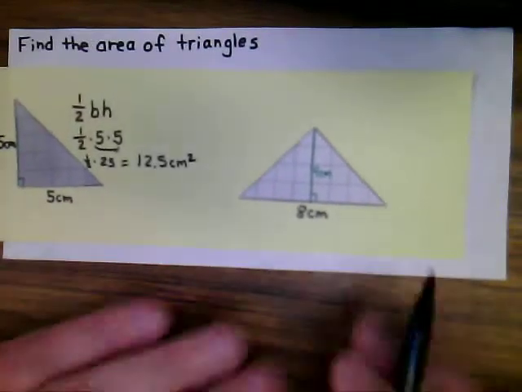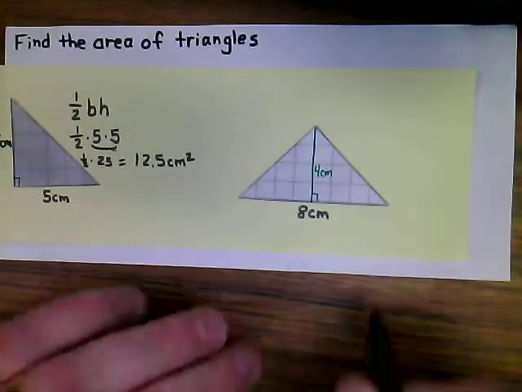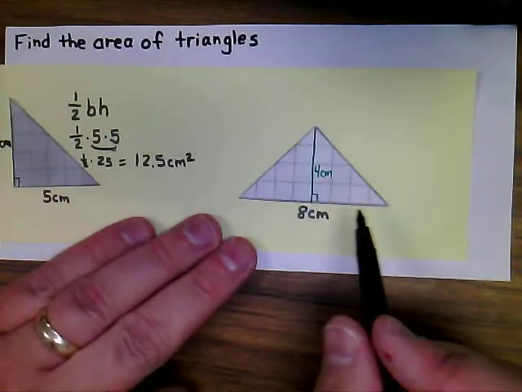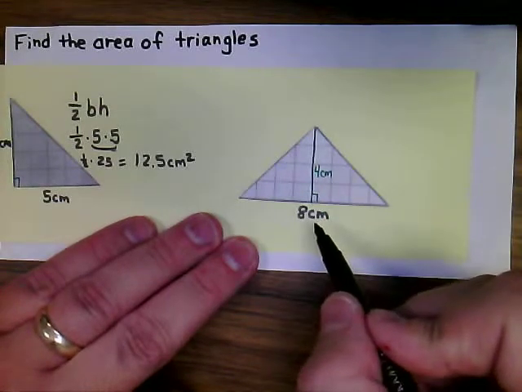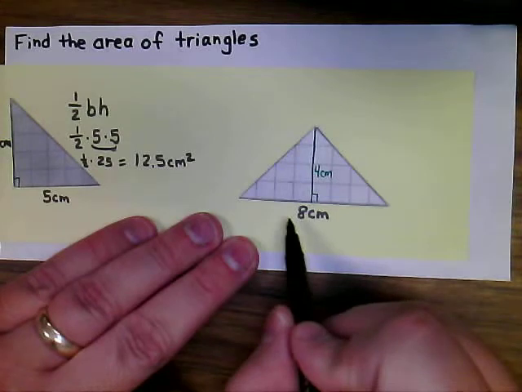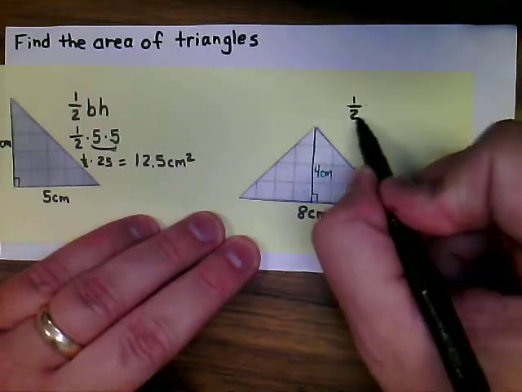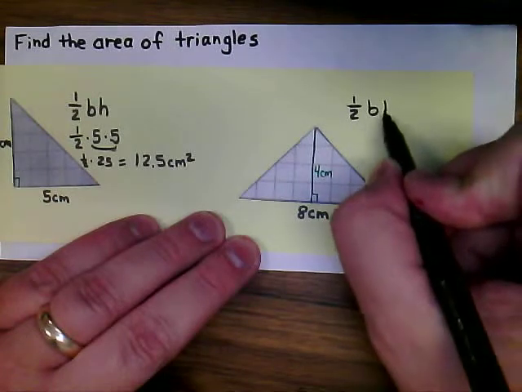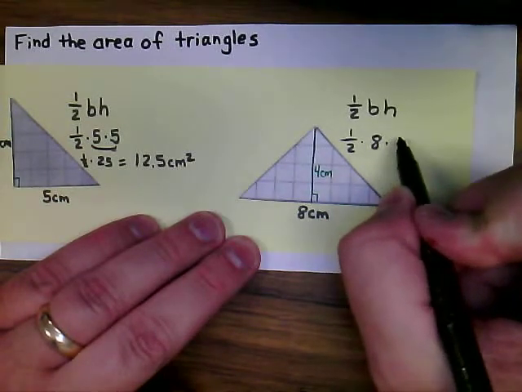Now, in this triangle, much like some of our rectangles or our parallelograms, the height is on the inside, and that's okay too. Remember, the height and the base always have to meet at a right angle. So we have 8 as our base and 4 as our height. So the same formula, 1/2 times base times height, will be 1/2 times 8 times 4.